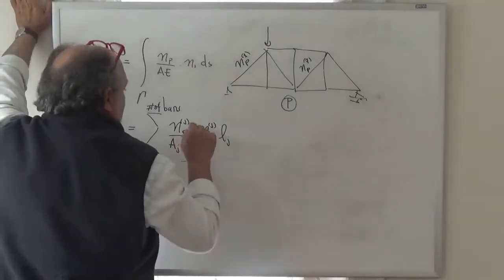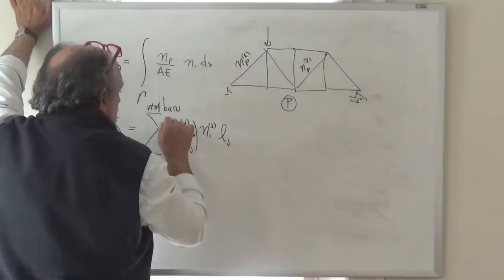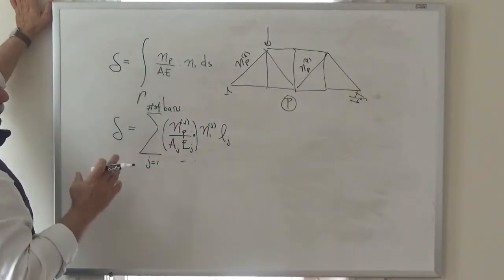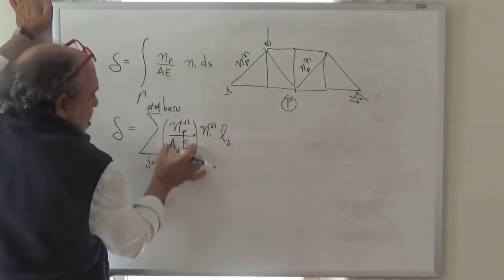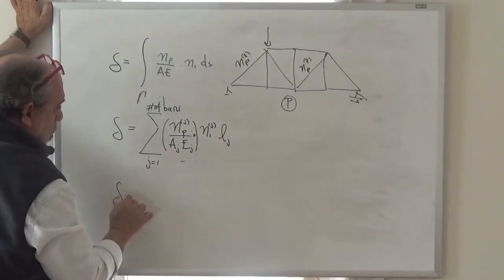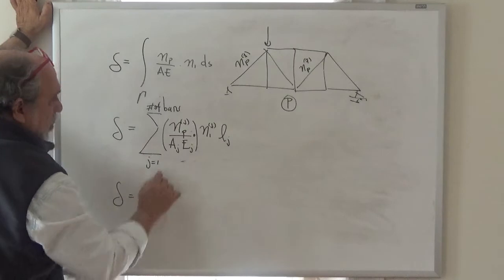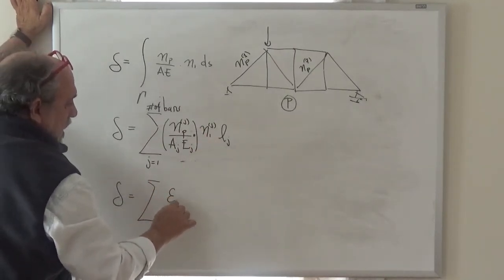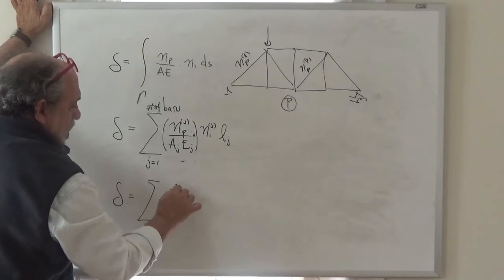Now, if instead of loads you have temperature, just like in the case before, this is the strain due to the loading. But for temperature, all we need is just to replace that by the strain in bar J due to the temperature.